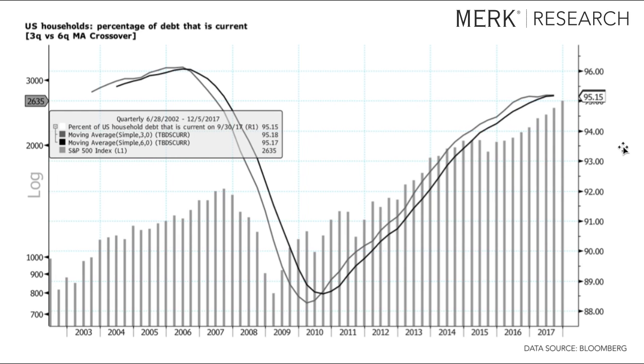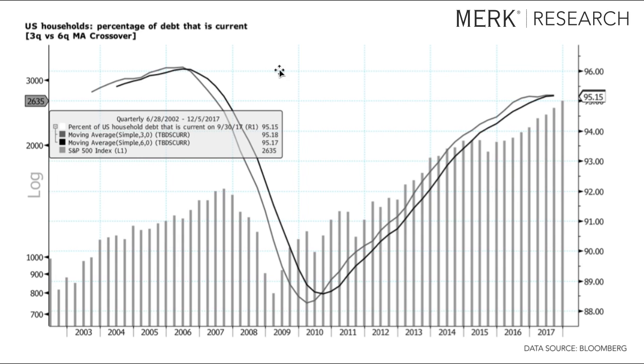This y-axis here on the right, as I said, measures the percentage of household debt that's current or not in delinquent status. As households struggle to pay off debt, that line will decline as more and more debt moves into delinquent status. The deterioration in this index was an early warning indicator in 2006.